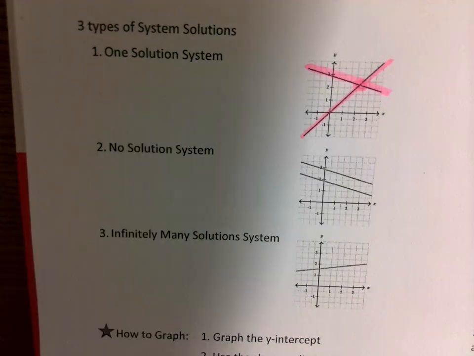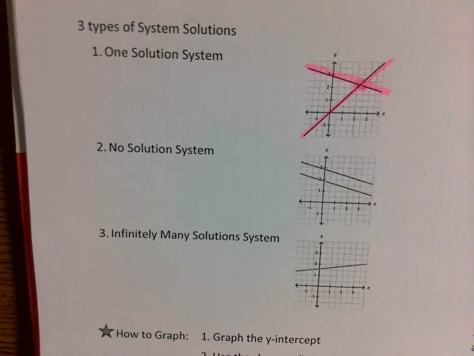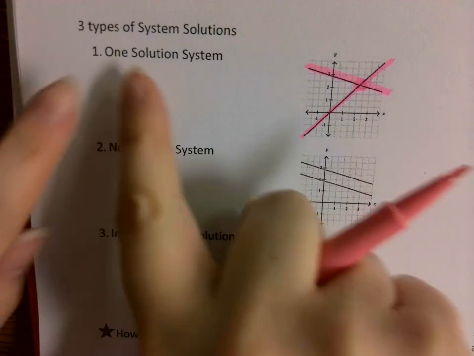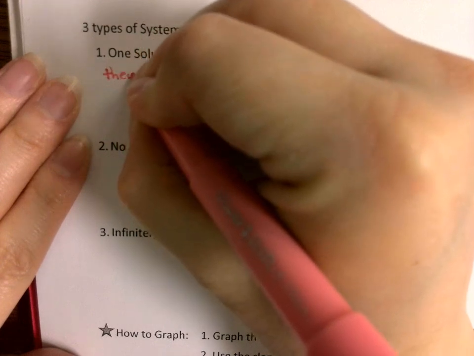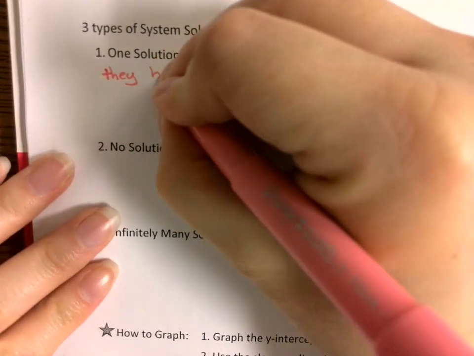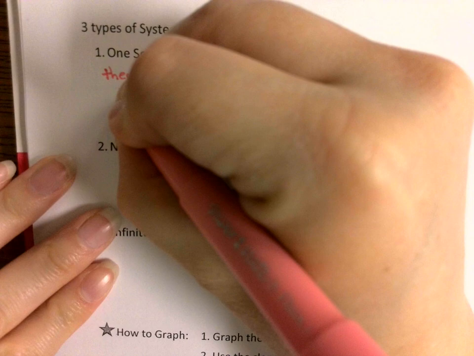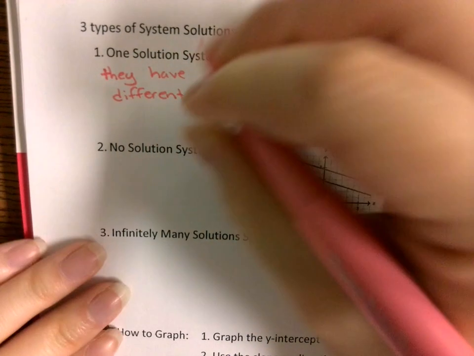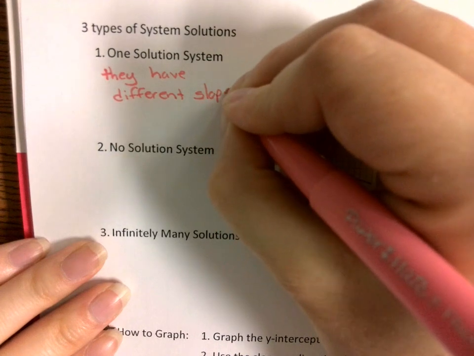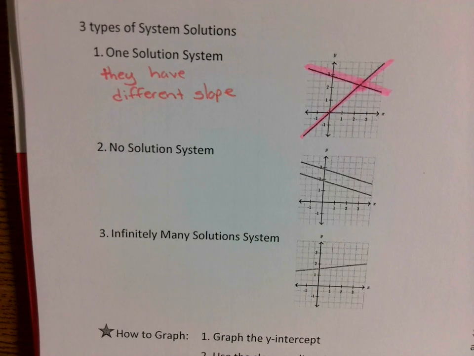Okay, now it's important to understand that with one solution systems, they have different slopes. The slopes for those two lines are different. They might have the same y-intercept. That's a possibility.